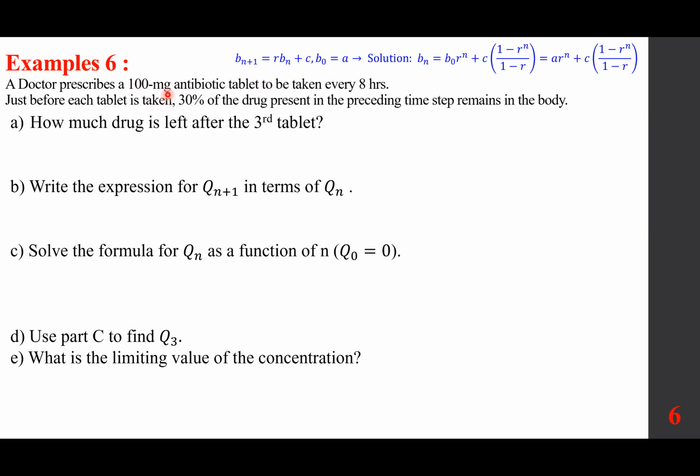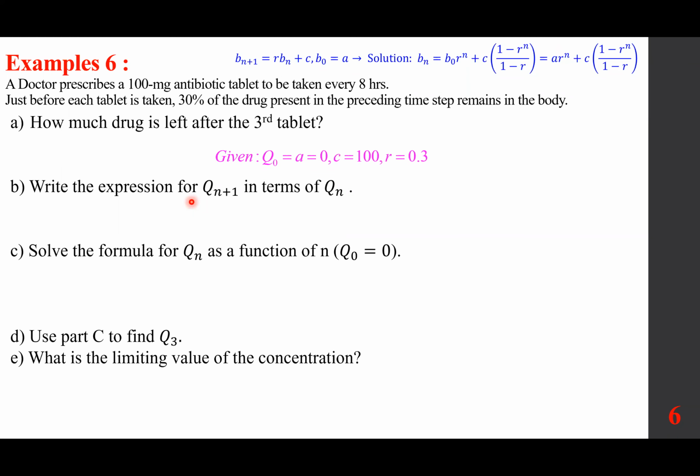What is the R? What is remaining in the body? 30%. So let's write the given. When you write the given, it makes every other part a piece of cake. And by the way, for the exam, for now, you can use this formula. If you want to put the formula in front of you and use it, that's fine. But only this formula, nothing else. Okay, class.